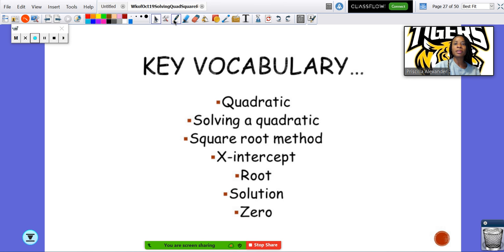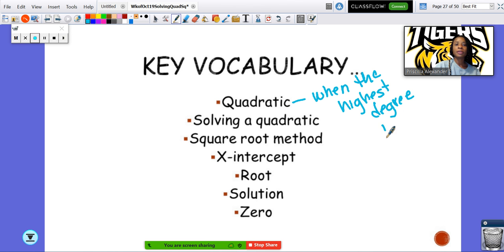Key vocabulary, we talked about this before, so I'm going to briefly go over this. A quadratic is when the highest degree of an equation is 2.